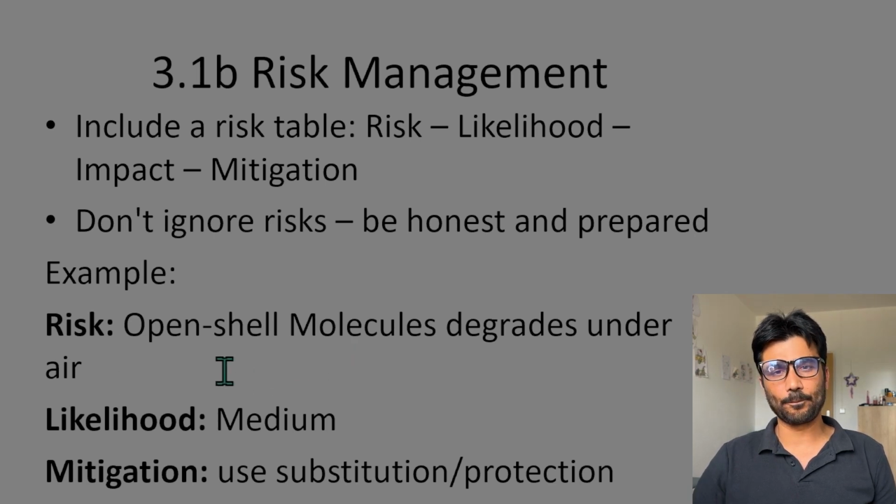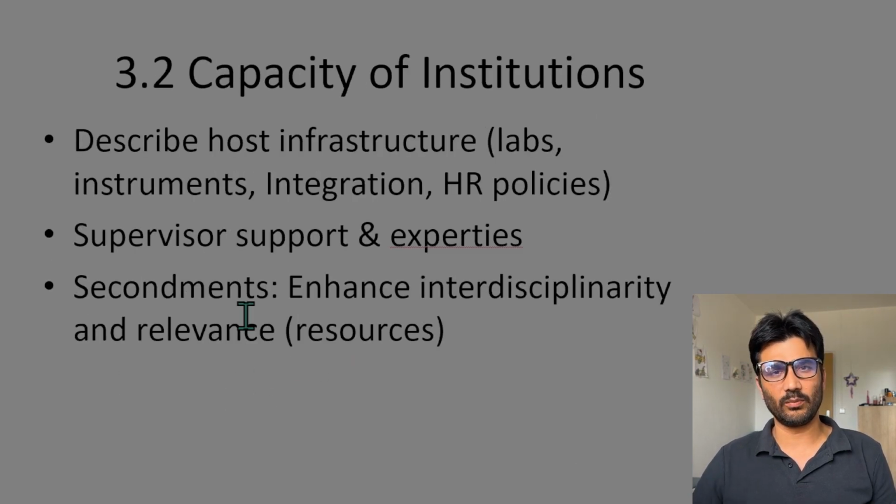And then there is section 3.2, which is about the capacity of the host institutions. Here you should mention both your actual host, where you will spend most of the time, and also the secondment host. Mostly describe the infrastructure, for example the labs, the equipment, the instruments which you will use.